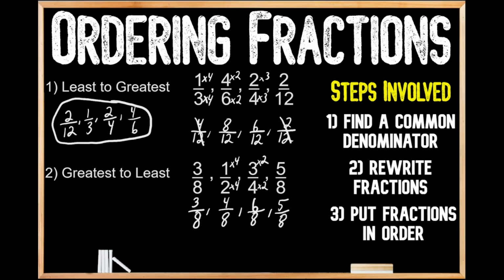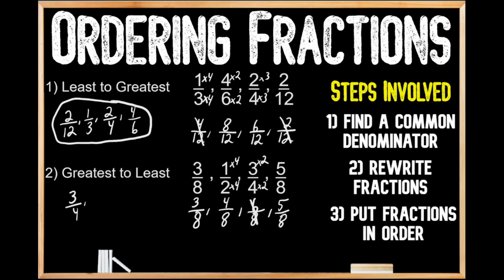Now that we've rewritten these fractions with a common denominator, we can put these fractions in proper order, but this time we're ordering them from greatest to least. We're going to start with the fraction that has the largest numerator, which is 6/8. But the original fraction for this was 3/4. Now we're going to put a line through that fraction so we're not confused.